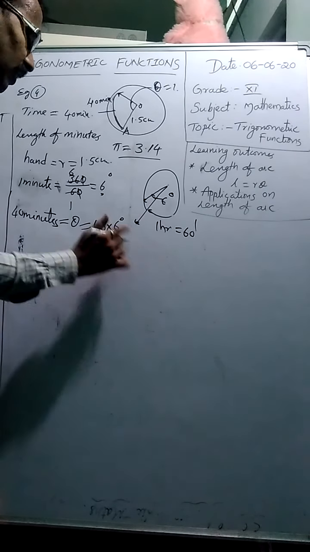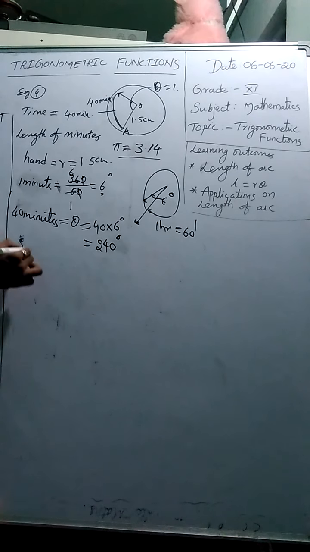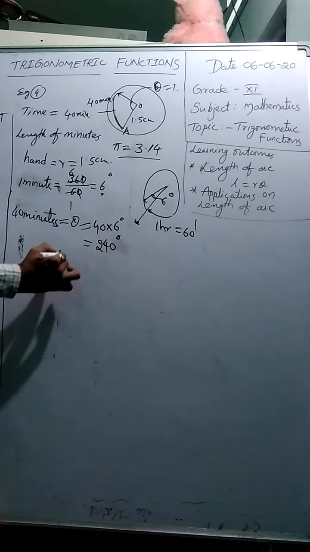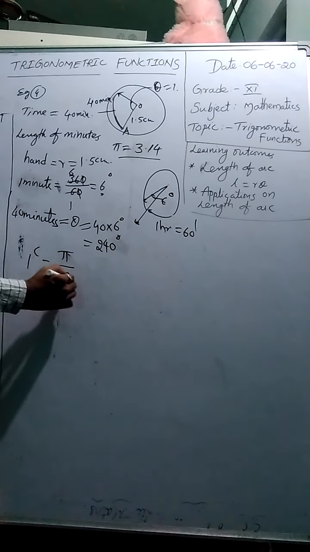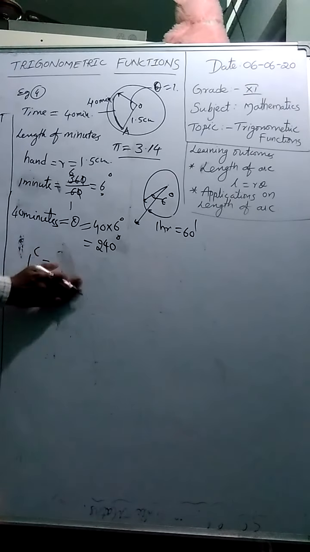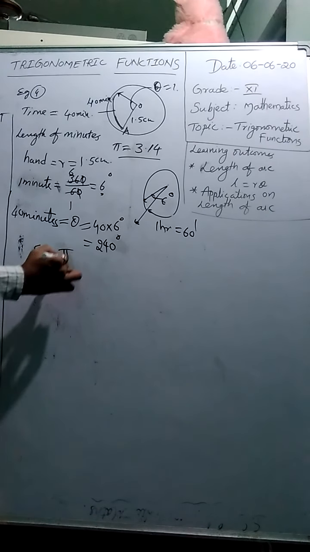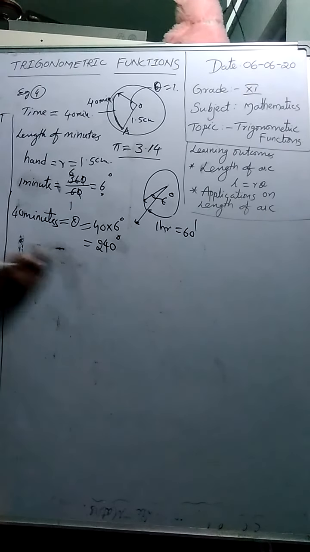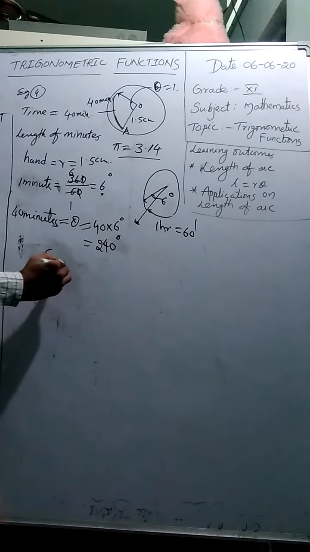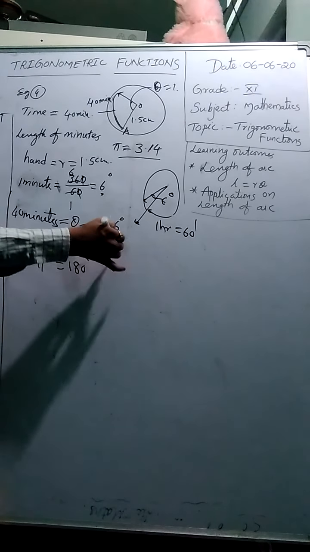But should we take the angle in degrees only? No, in radians. As we know, pi radians equals 180 degrees. We are converting degrees to radians.